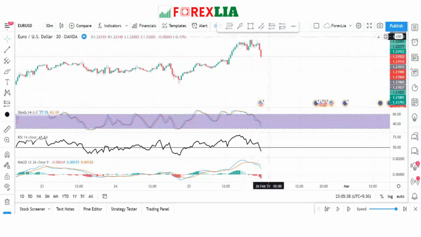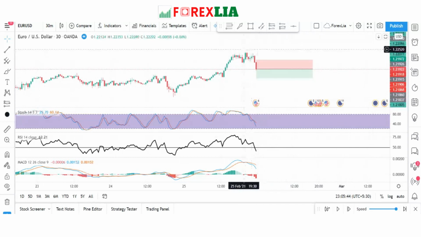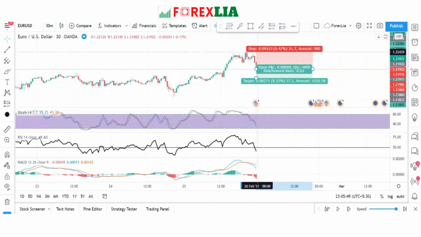Here we place the sell trade. Now we set a stop loss at the previous higher high. Set profit target 1:2.